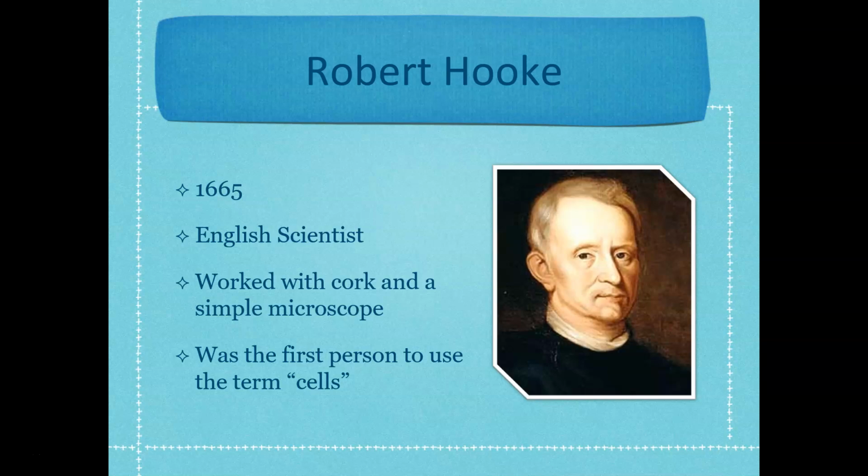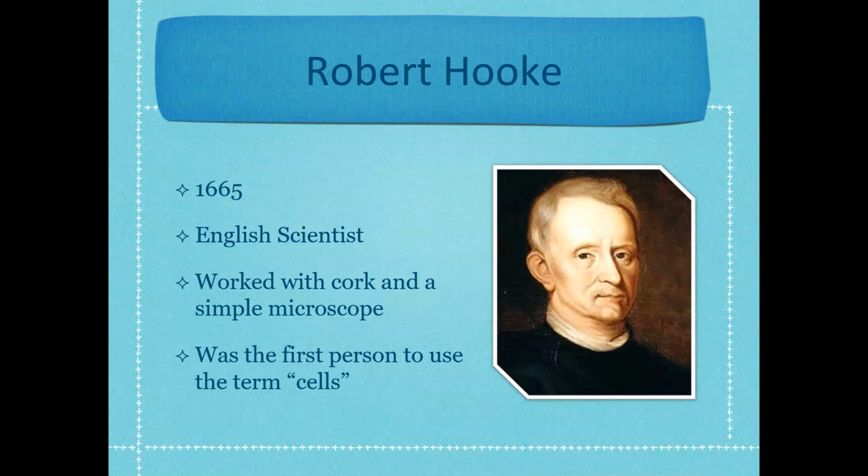And the only thing he was really able to see was the actual outer edge of each of those cells, their cell walls. And he looks at them and they're blank on the inside. They've got these sort of square-ish shapes to them. And so he said that they kind of reminded him of the rooms that monks lived in, right? So just these really small square rooms, not a whole lot of furnishings.